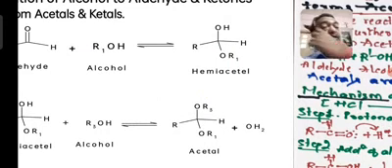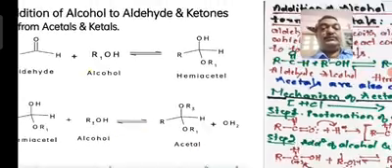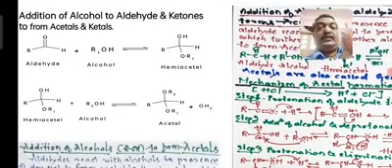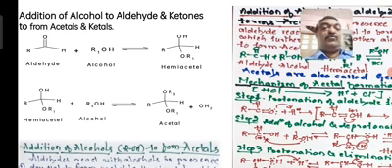This hemiacetal again reacts, in this next step, with another alcohol molecule, that is R2OH. So you get RCH(OR1)(OR2). It has two ether groups, so it is called a diether type molecule.